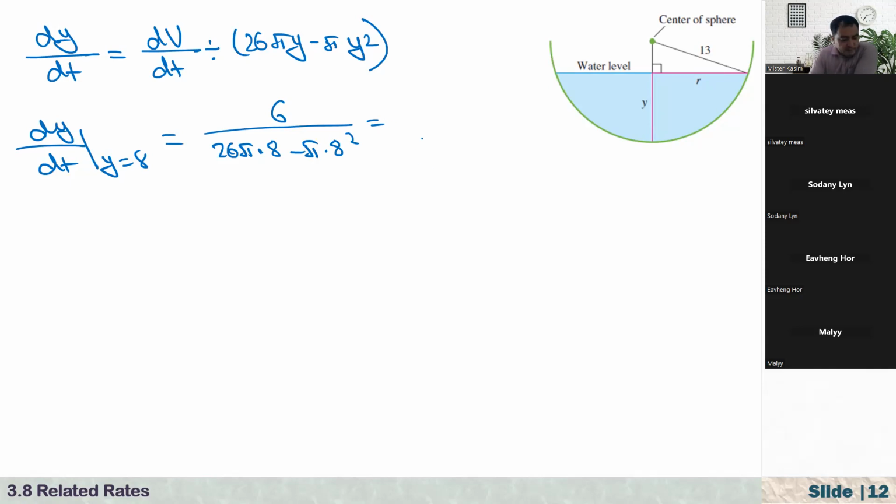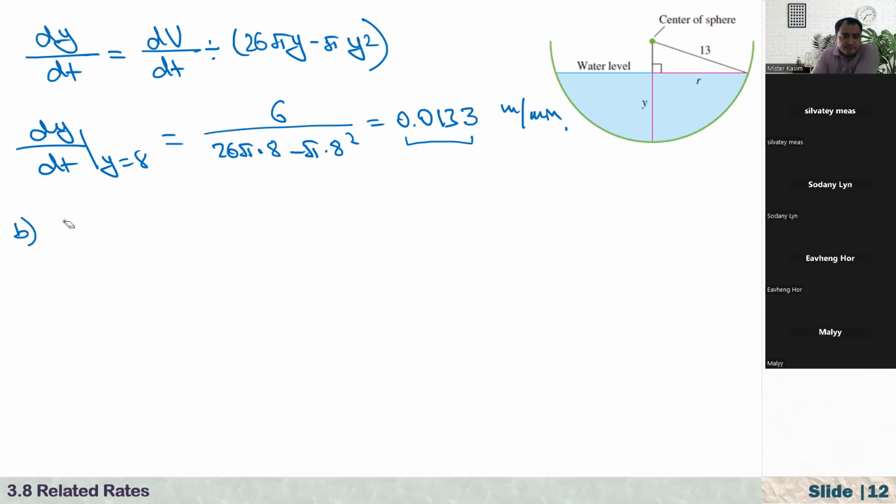That's equal to 0.0133, let's say correct to 3 or maybe 4 decimal places. dy/dt, that is meters per minute. It's changing this much. It's so slow, small, right? Also, you can leave it in terms of pi to write the exact value, but correct to 4 decimal places. That is the answer. And how about part B?